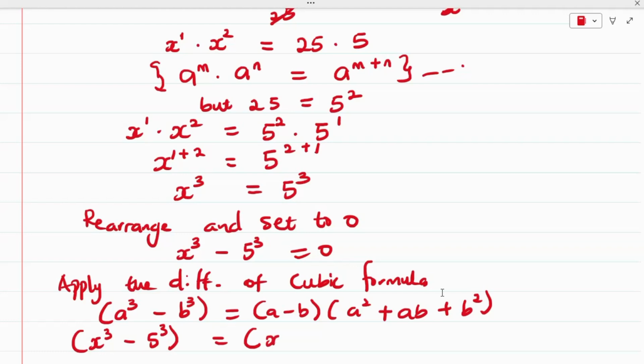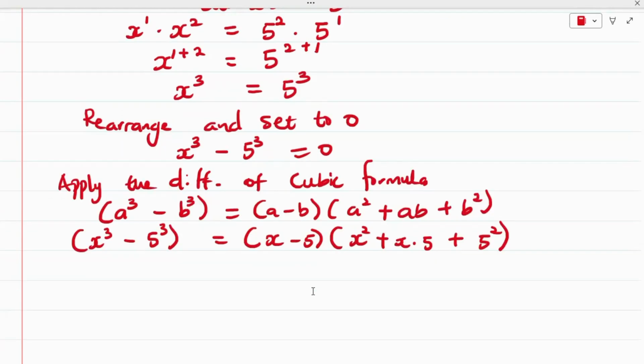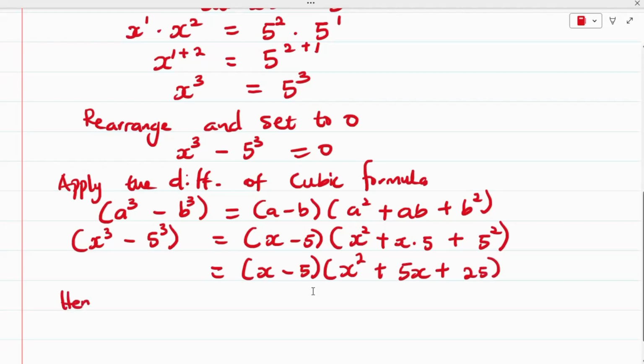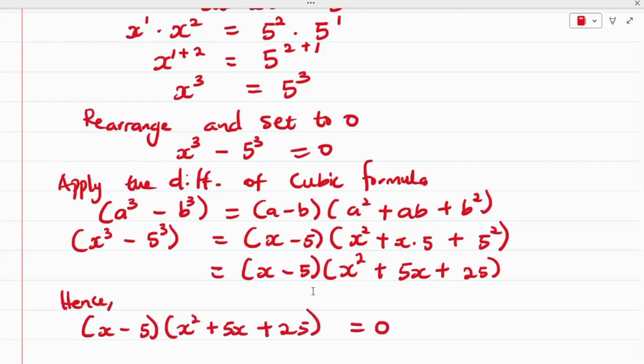So we have x minus 5 into x squared plus x multiply b, which is 5, plus b squared, which is 5 squared. So this is equal to x minus 5 into x squared plus x multiply 5 is 5x plus 5 squared is 25. So hence the equation becomes x minus 5 into x squared plus 5x plus 25, and this is all equal to 0.